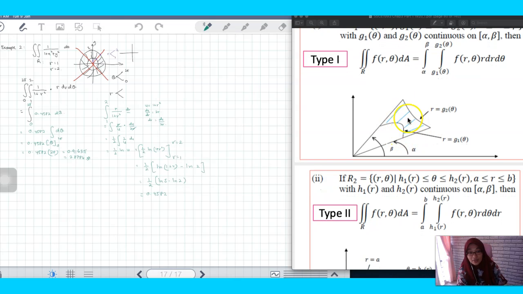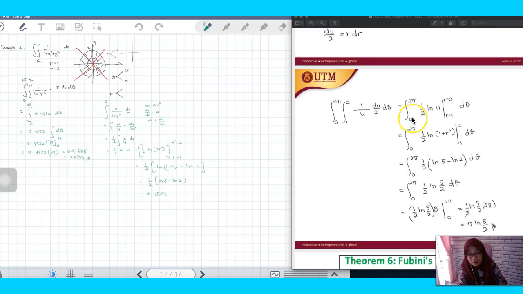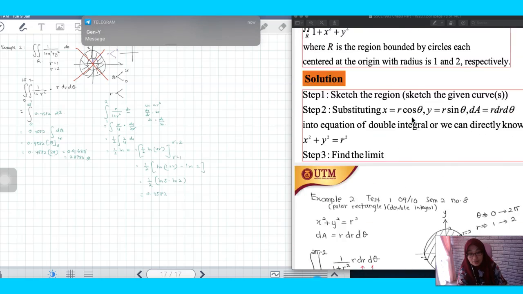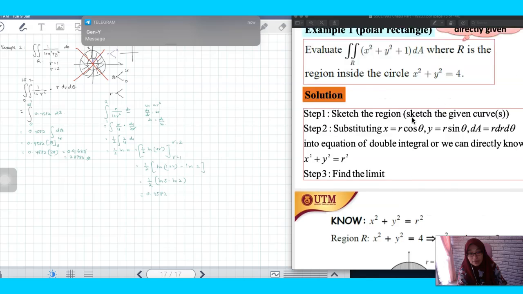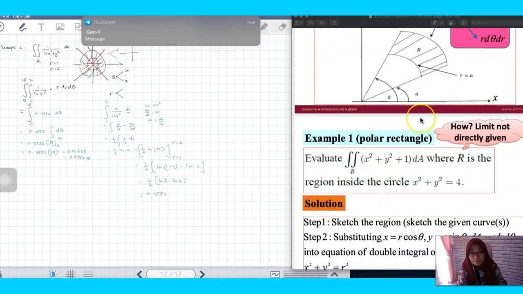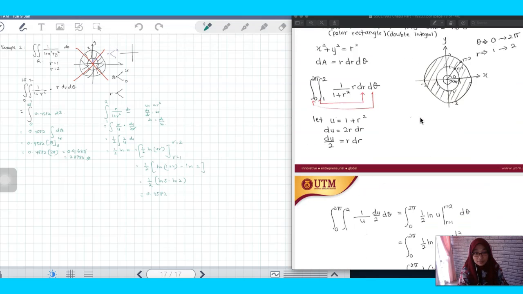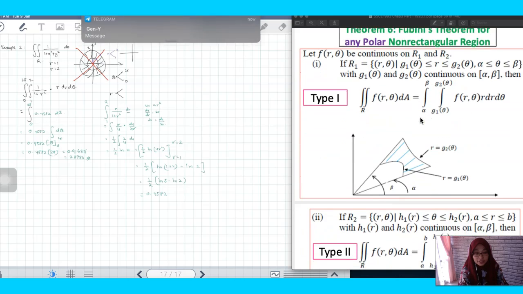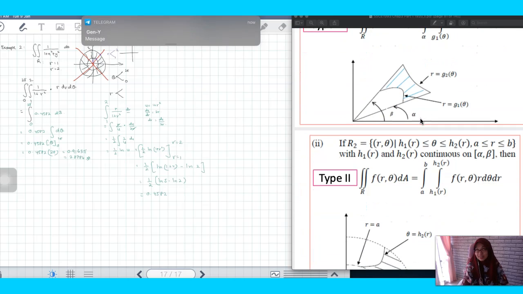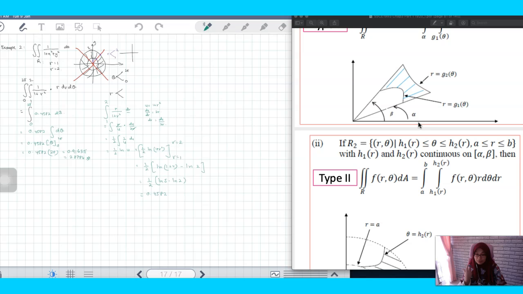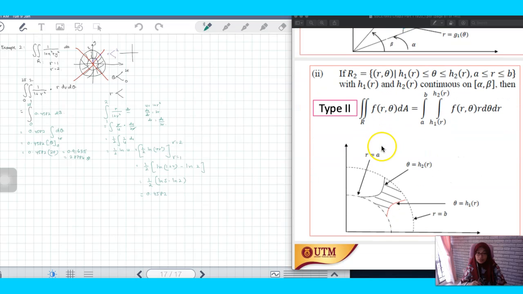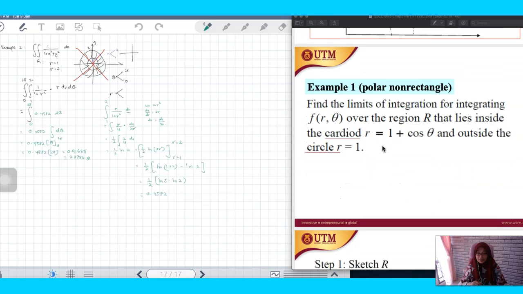So you can have any shape, but the shape is not like this. That is called a polar non-rectangular region. What I want to stress here is your limit of r is no longer a constant but a function. Look at the example here.